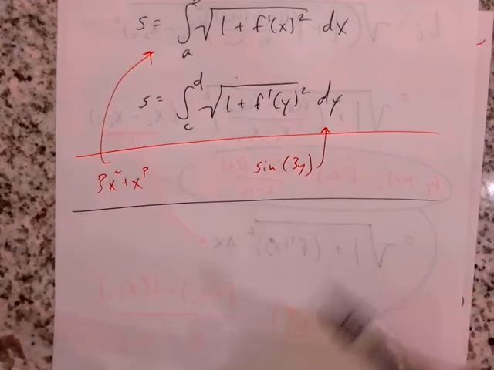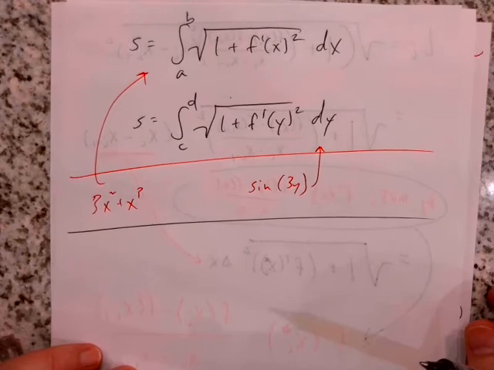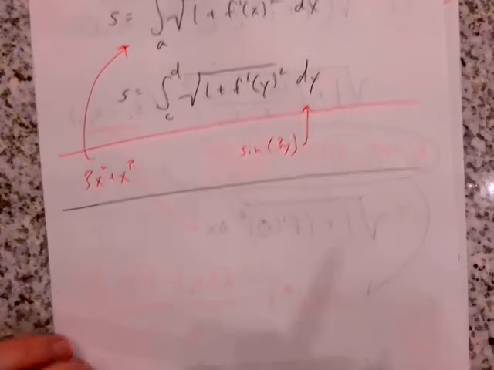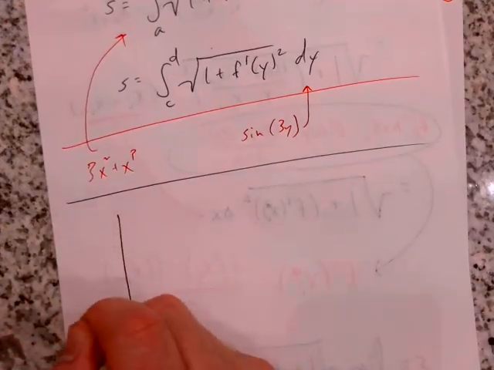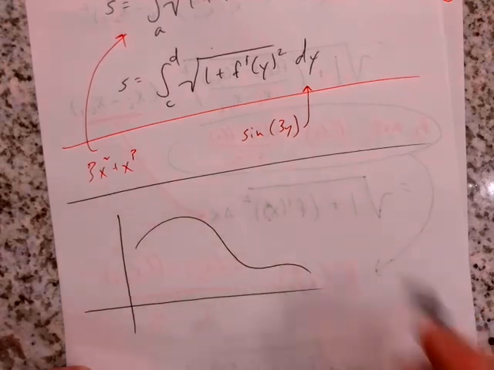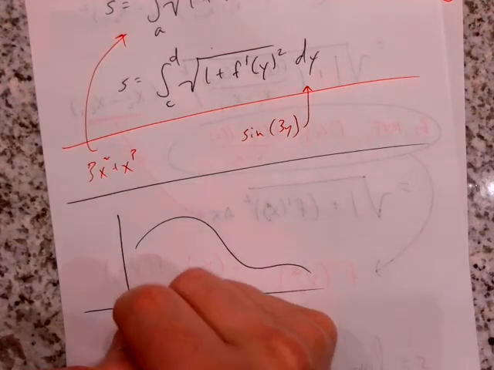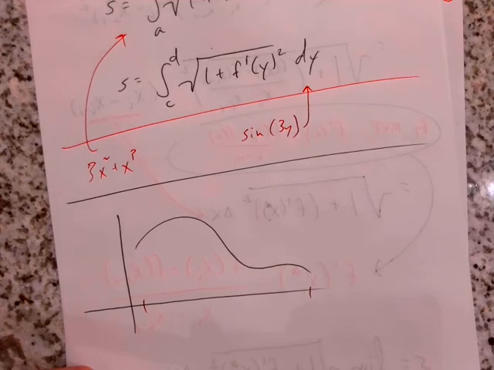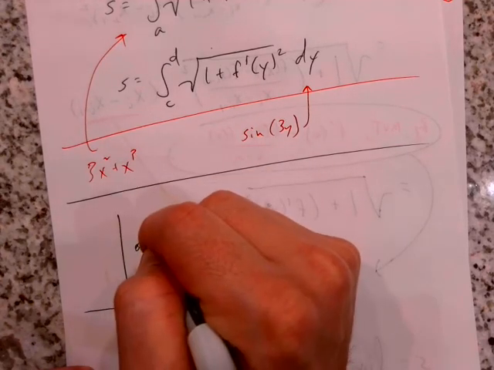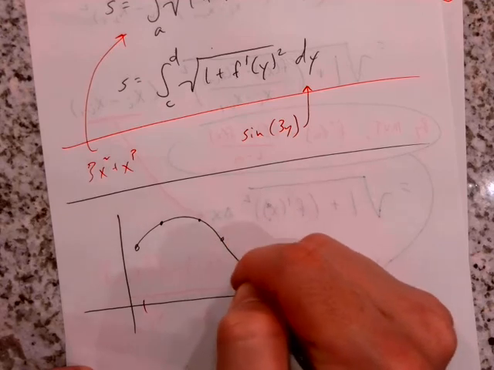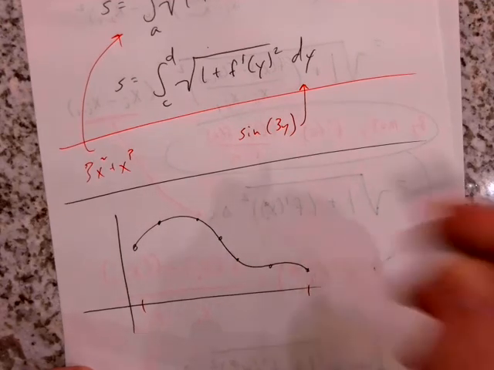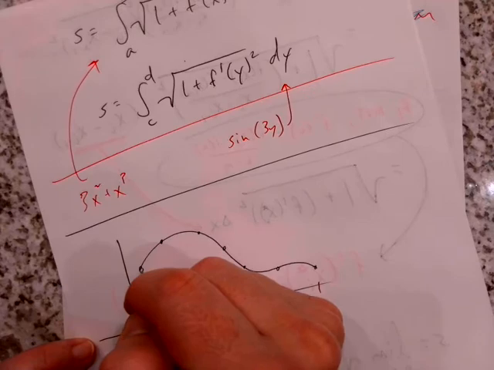Informally, so that was the more formal derivation of the formula with Riemann sums, all that fun stuff. A bit more informally, here's our arc length. You break it up into a bunch of small pieces, just like we did. What I'm doing here is showing you an informal way to get to the same result.